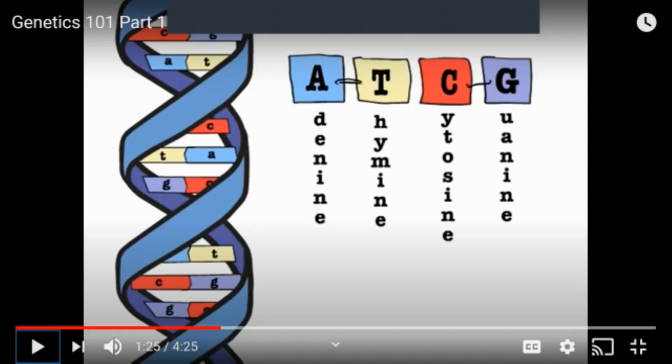And that's true of whether you're a human or a grain of rice. It's the same 4 bases. What's important is just the ordering of them. And so there are many different possibilities, different ways to order these pairs.